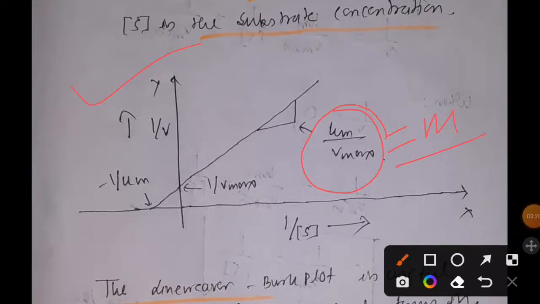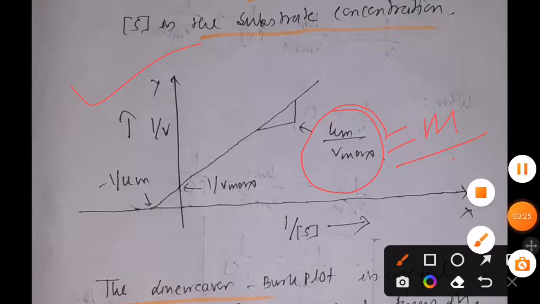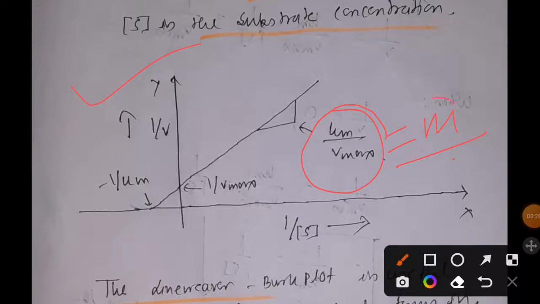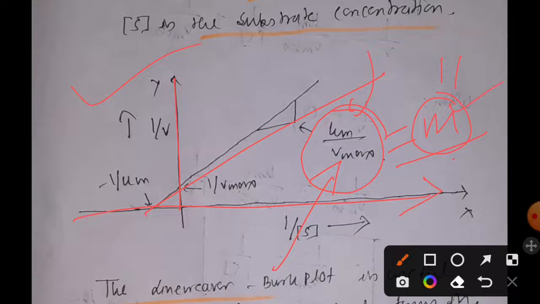Please remember what the slope is and what the intercept of y is, because you may get the value of the slope and they will tell you that it is a Lineweaver-Burk plot, and then Vmax will be given to you and you have to calculate the value of Km. You can easily do this if you know that Km by Vmax is your slope.